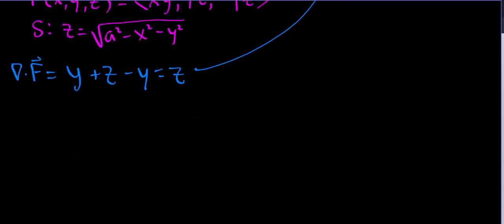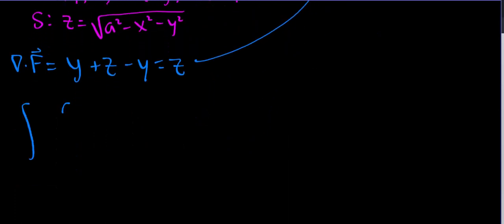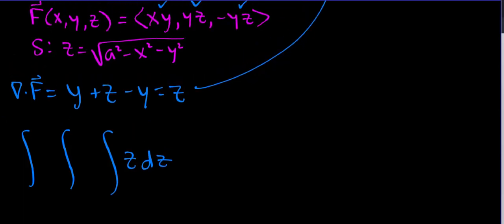Okay, so let's see what we have now. We have a triple integral. We have a z in here, and now I'm going to integrate with respect to z first. So I'm going to go dz, and remember, we've got this solid. You think of the sphere.